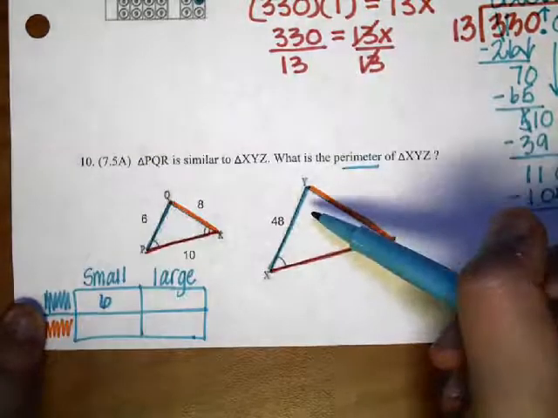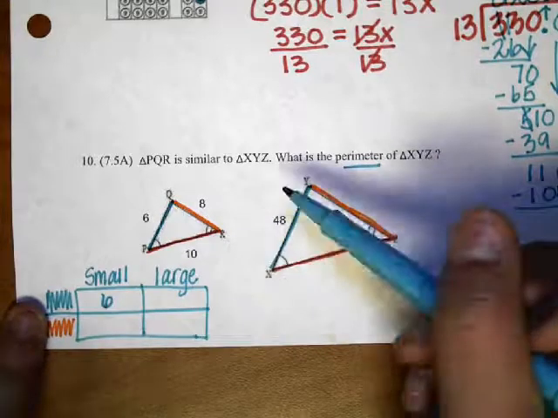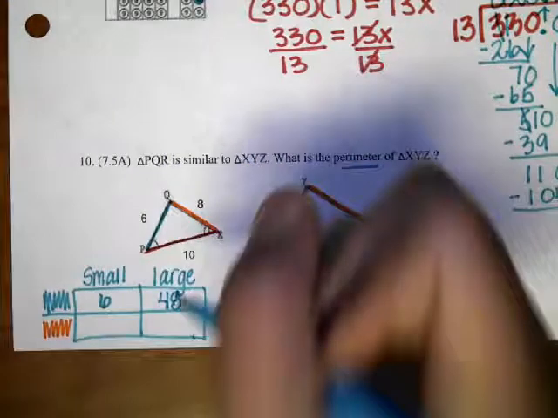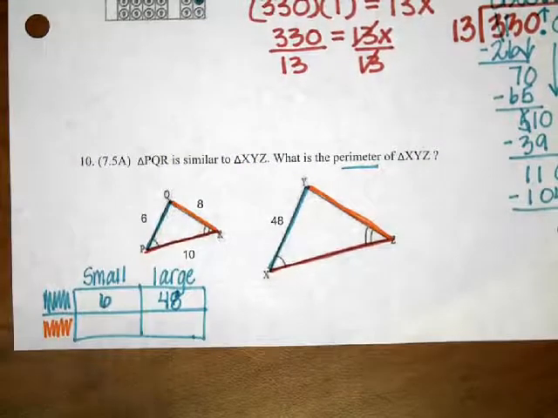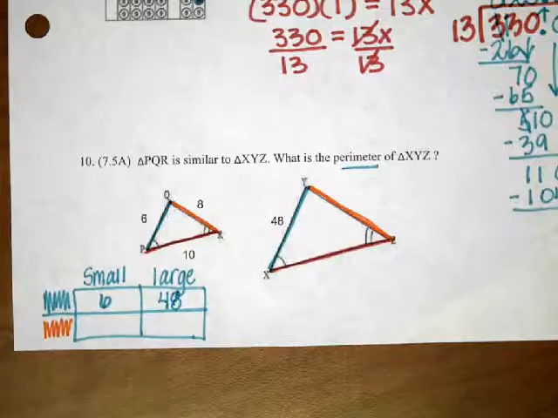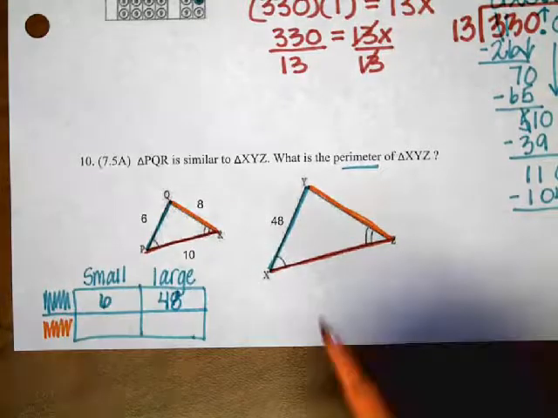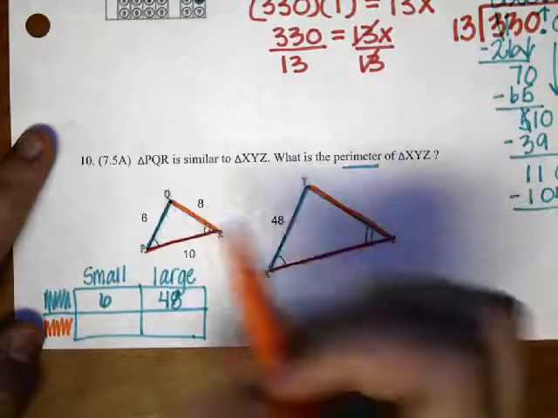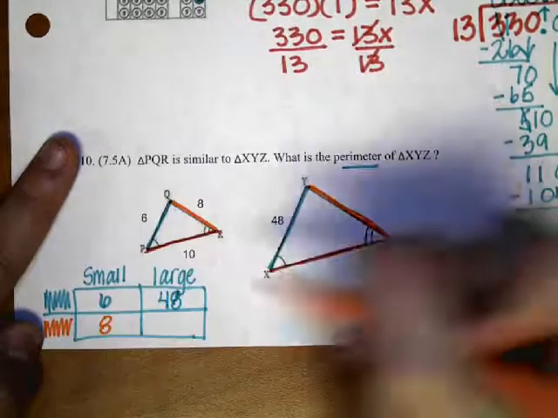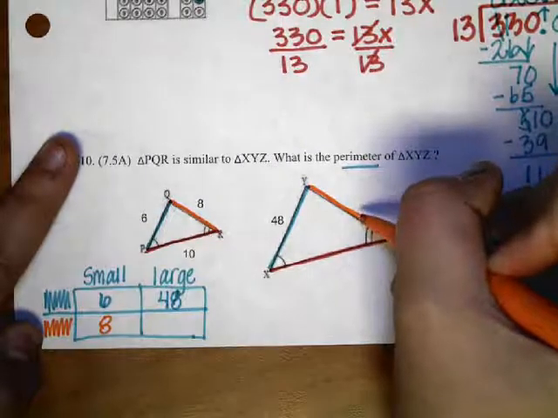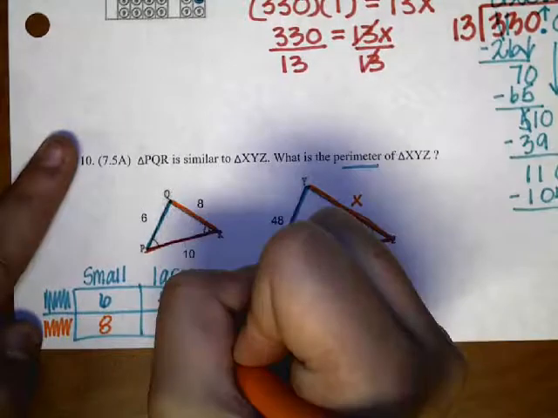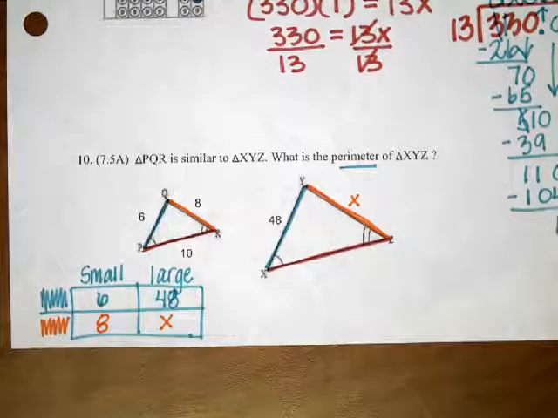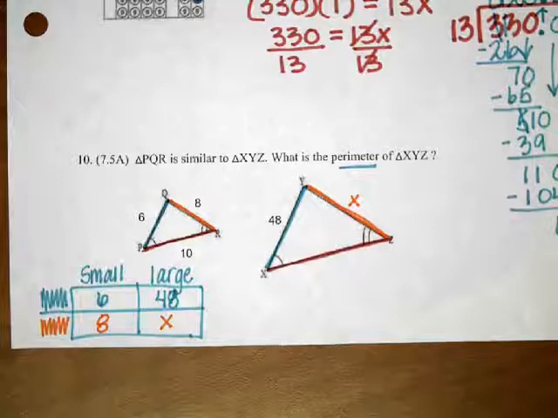My large triangle length on the blue side is 48. And then I am going to find my orange side that I colored. On my small triangle, my orange side length is 8. And I'm looking for my orange side length in my large. So I have easily set up my triangles. Now all I need to do is solve for x.